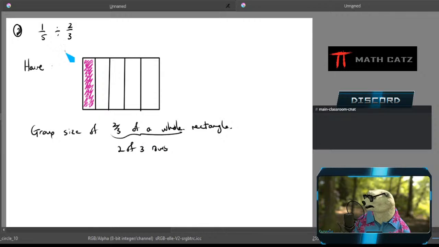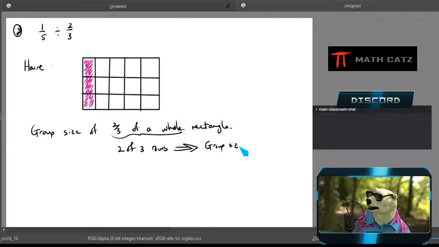Oh, I'm sorry. That's not very original, but we're already in it. So I split it up so that I need to see 2 of 3 things. Columns are done, rows it is. So that means that my group size in integer form is 1, 2, 3, 4, 5, 10. 10 little pieces.